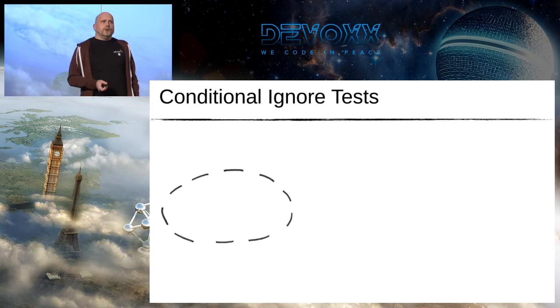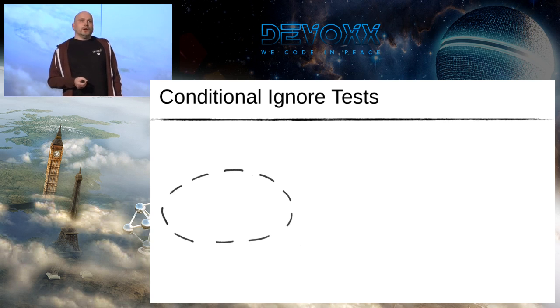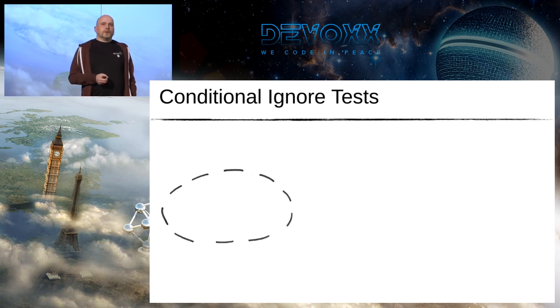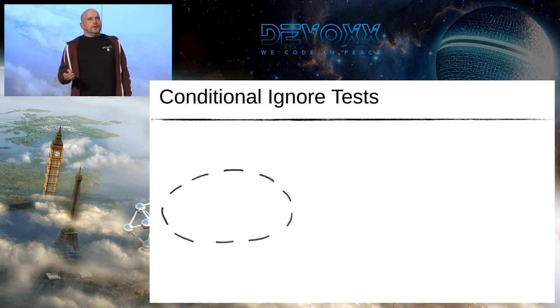Another thing is tests that can only run in special environments. My personal example was database tests that most of the time ran against an H2 database, but in a further stage of the CI build, they were run again against an Oracle database.